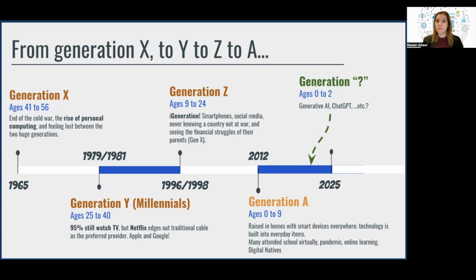But I think there will be a new generation right here that arose due to the huge exposure to AI technology and the widespread of generative AI, ChatGPT. I think it's a change of an era that we are witnessing nowadays.